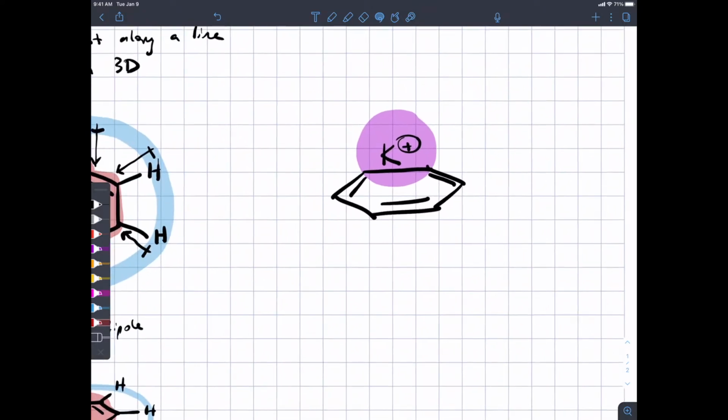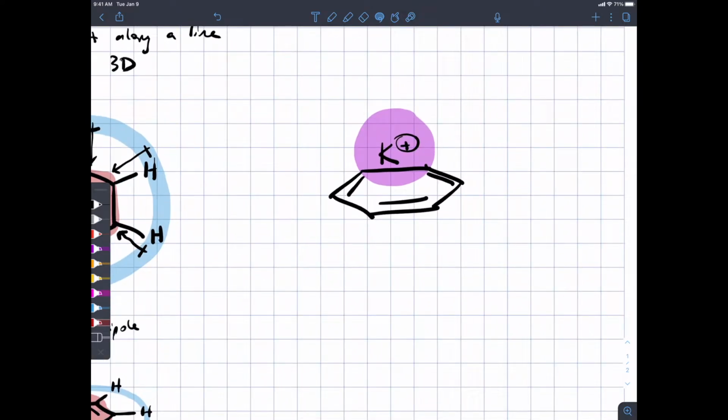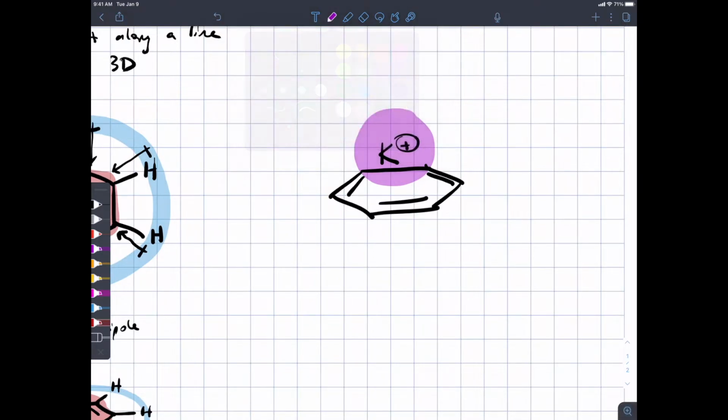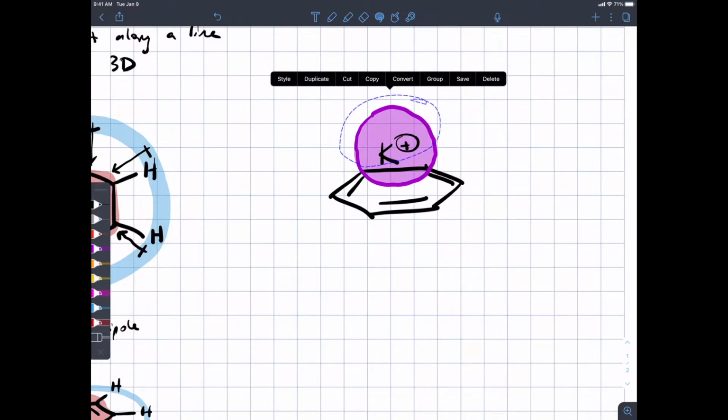And it turns out the strength of that interaction is stronger in the gas phase than the interaction of potassium ion with water, which is sort of shocking, actually. You think, okay, it makes sense that potassium ion should like to interact with water.